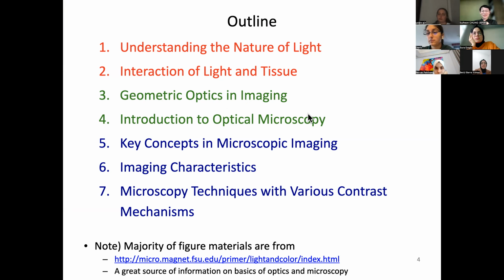And I will introduce what optical microscopy is and what the underlying key concepts are. And when we are dealing with images, we have to say what's important in imaging as the imaging characteristics. And in fact, what we are seeing is the contrast. So I want to discuss this.